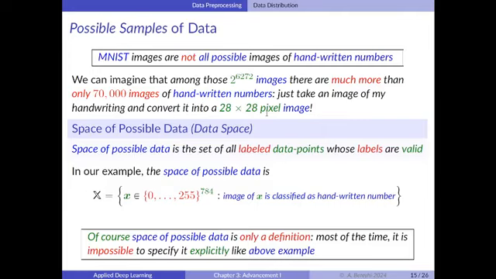As you know, the dataset has 70,000 images, 60,000 for training and 10,000 for testing. The images are 28 by 28 pixels. We have something called the space of possible data. It is all possible data, sorry, not the number, that we can generate or that can exist.